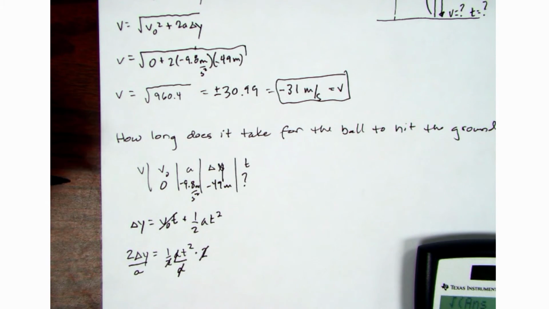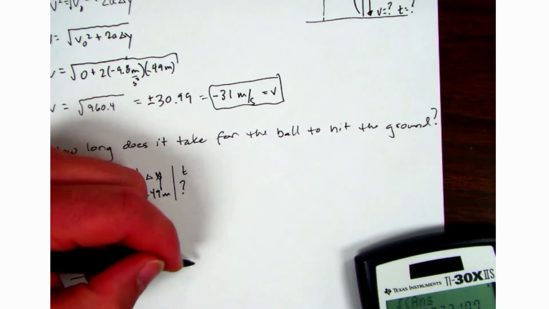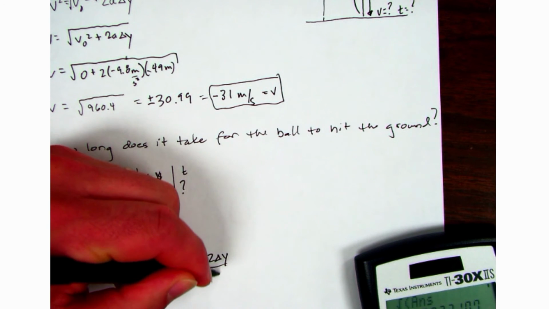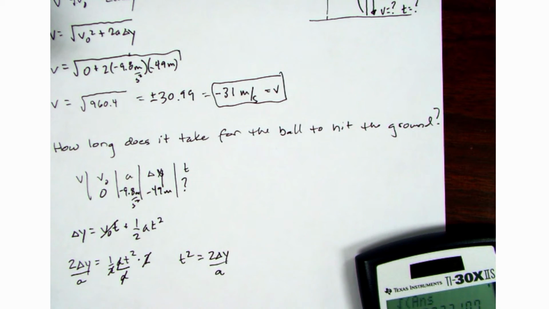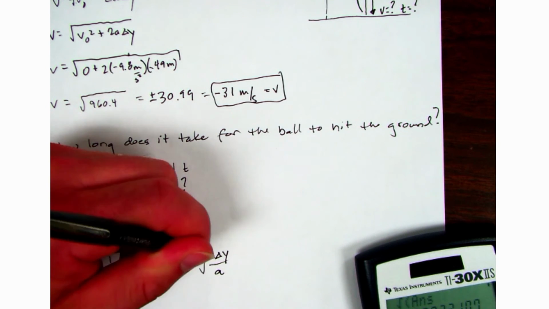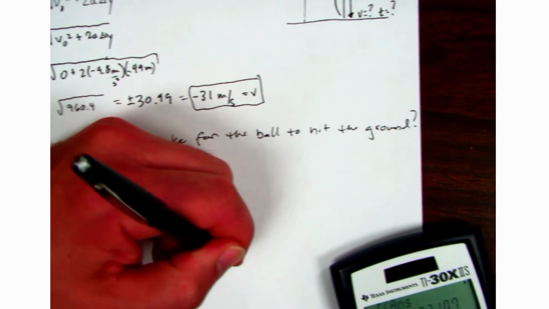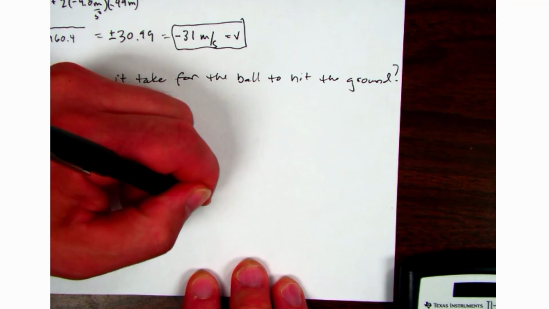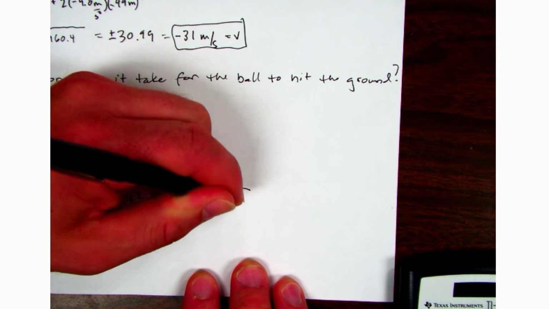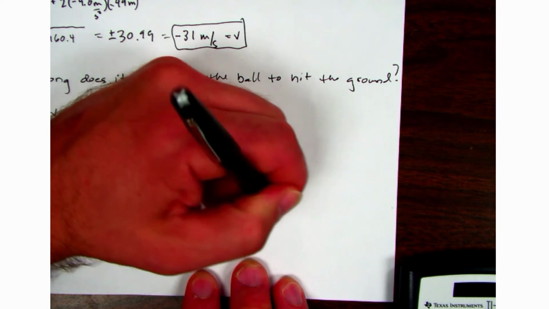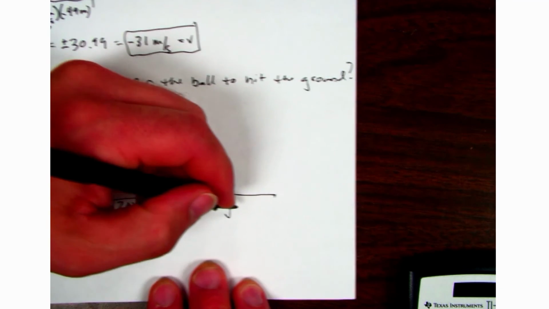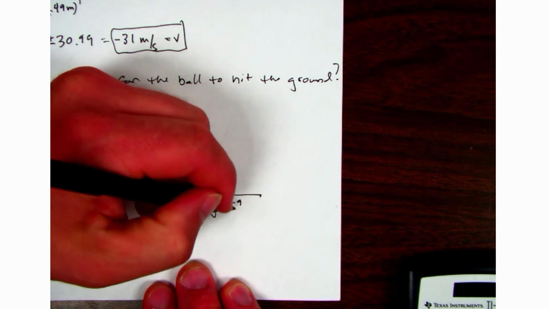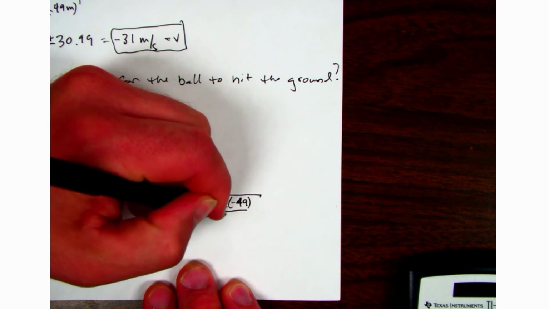And let me rewrite. So I've got T squared equals 2 delta Y over A. Now I want T not T squared, so I take the square root of both sides. And so now I've got T equals the square root of 2 delta Y over A. Plug your numbers in, and you get 2 times negative 49 over negative 9.8.